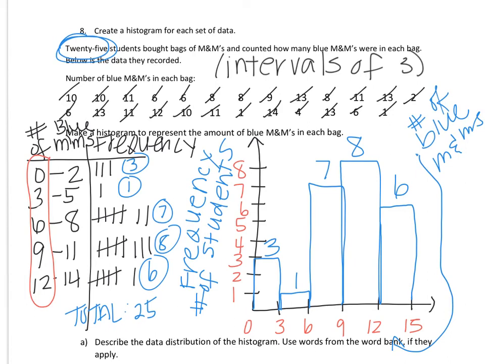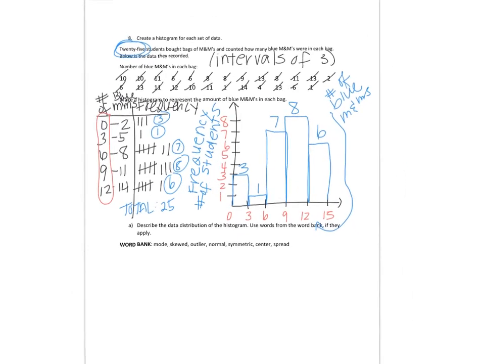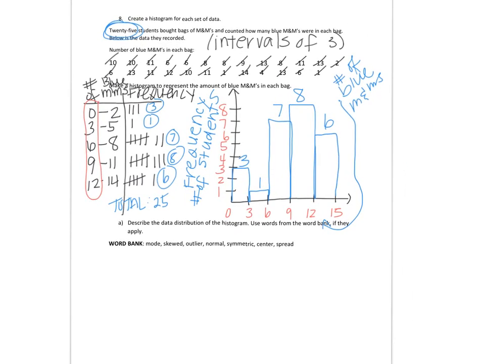Alright, and then letter A, it says to describe the data distribution. I would probably say that this is skewed, because if you look at the shape of the histogram, there's like this big old hump, and then all of a sudden it kind of goes down. So I would say, for me personally, that this is skewed.